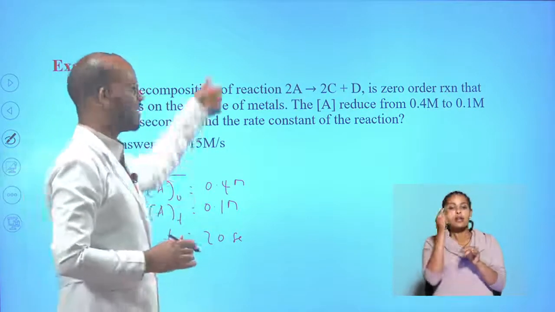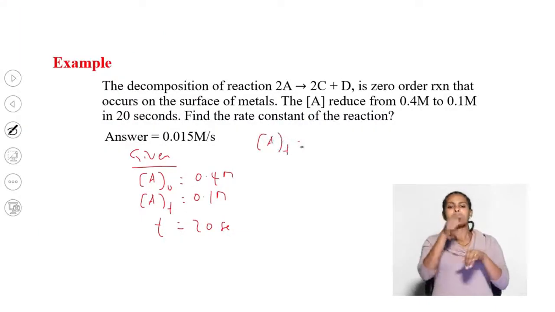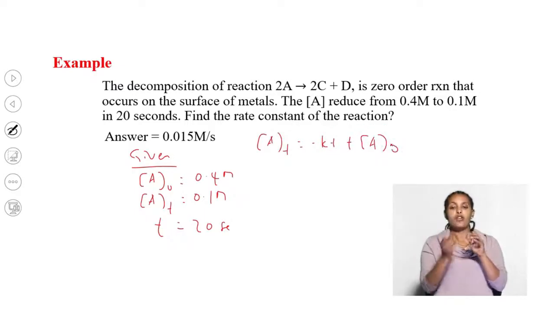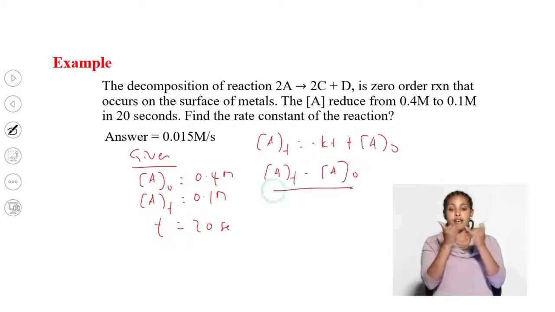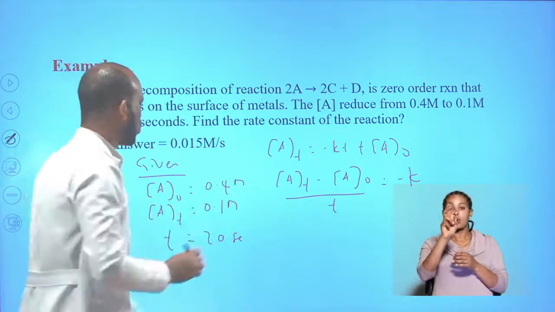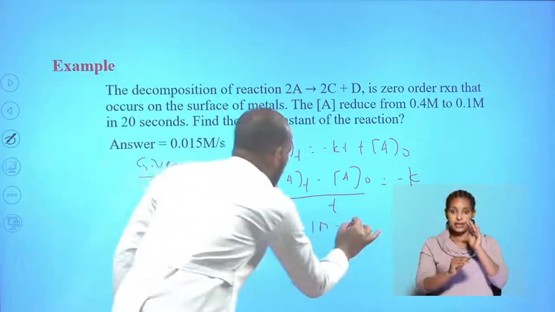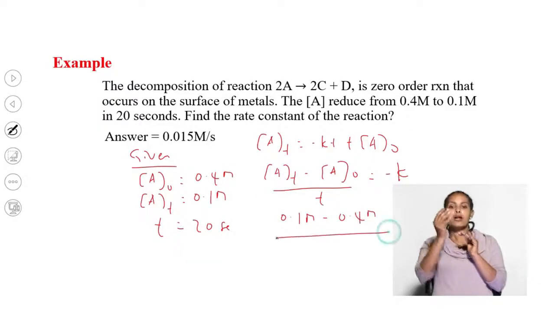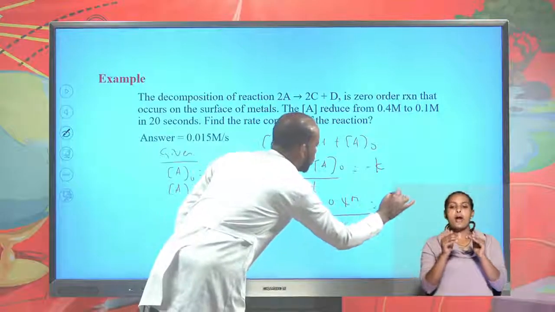For a zero order reaction, the integrated rate equation is: concentration of A at any time t equals minus kt plus initial concentration A naught. From this, concentration of A at time t minus initial concentration, divided by t, equals minus k. Concentration of A at t equals 20 seconds is 0.1 molar, minus initial concentration 0.4 molar, divided by 20 seconds, equals minus k.